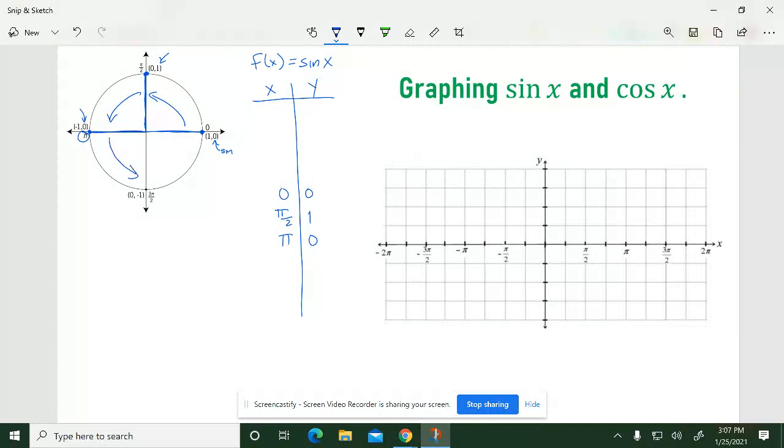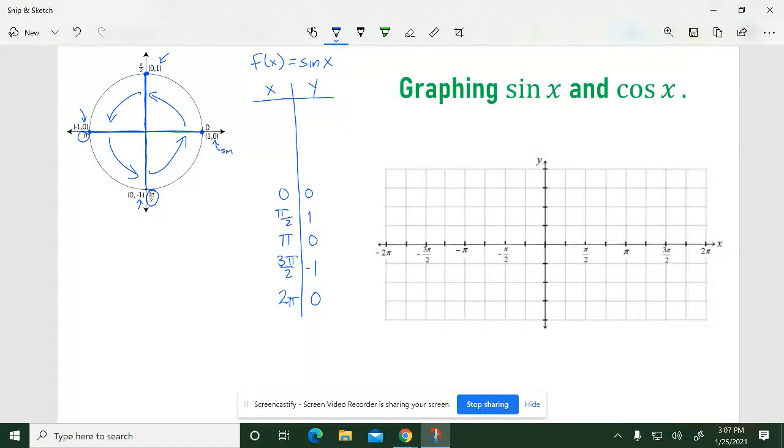If I go another quarter turn, that takes me to the bottom of the graph, 270 degrees or 3 pi over 2 radians. My sine, my y value, is negative 1. When I complete my rotation, I get back to where I started. That's 2 pi, one full rotation. And you'll notice my sine is back to 0. So you notice I have 3 zeros. It keeps coming back to 0.